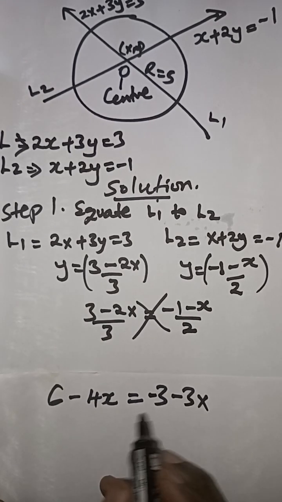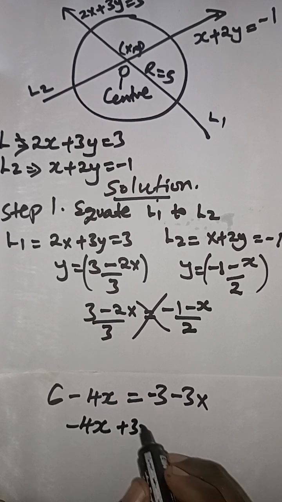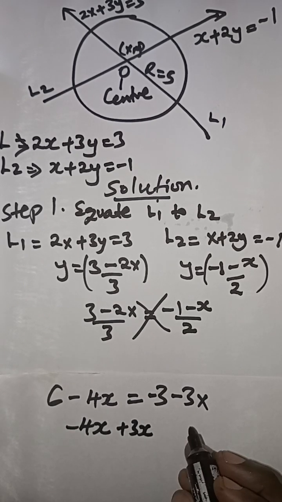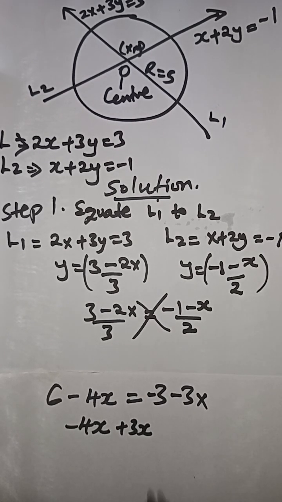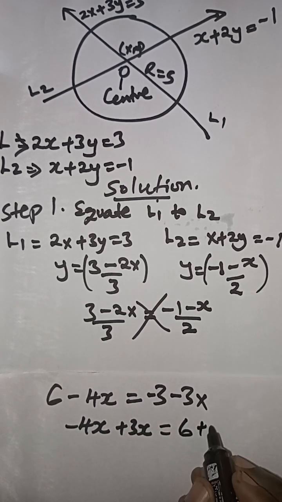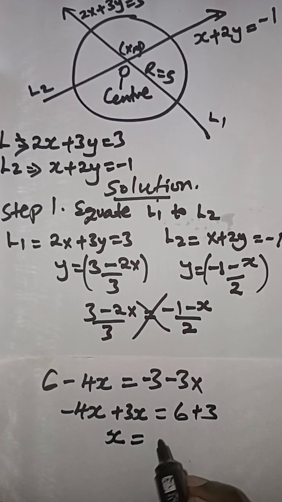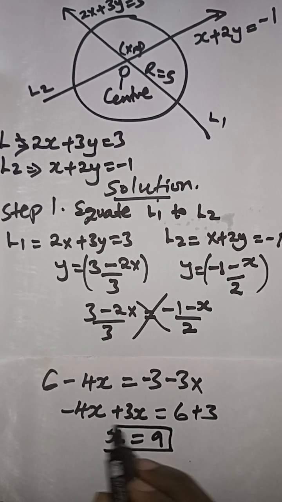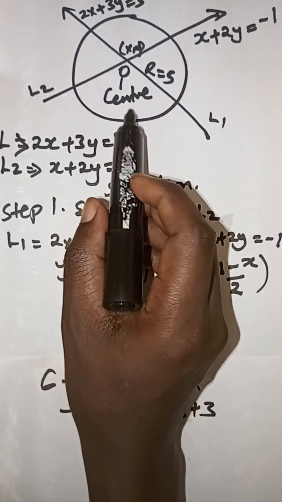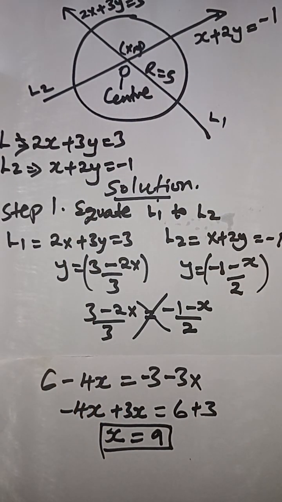Collecting like terms together, I'm going to have -4x plus 3x, and then if you take 6 and add 3, you end up with the value of x equal to 9 as the coordinate for the center x.